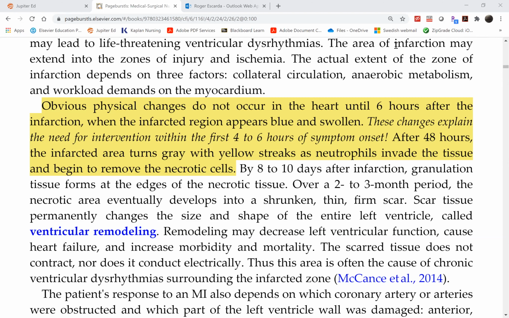Post-MI. It was MI. Okay, so within 48 hours after an MI, this patient is at risk for pericarditis. This is caused by these white blood cells invading the tissues because, of course, the pericardium is attached to the myocardium, right? So once there's inflammation in the dead tissues, it will inflame the pericardium as well.